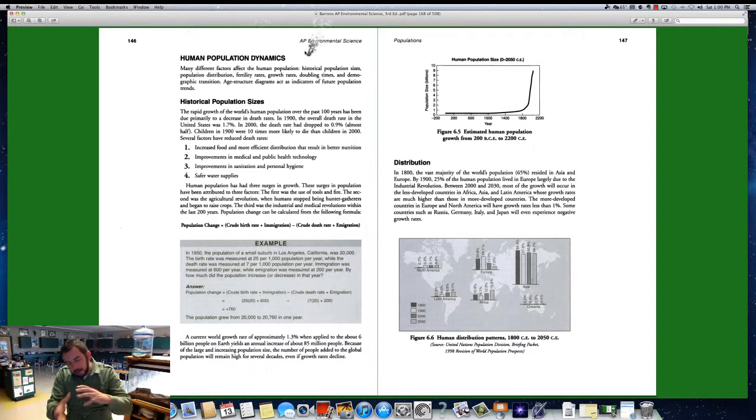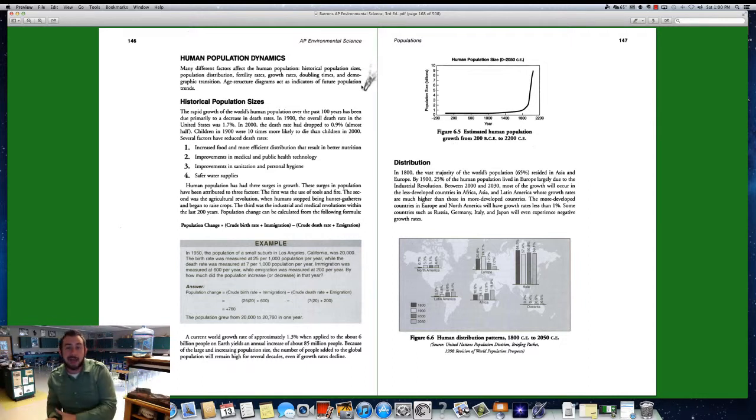We spent a little time on the general trend in populations. Let's look at human populations. There are many different factors that affect human population. We'll look at historical population size, population distribution, meaning where those populations are located around the world, and fertility rates, meaning how many babies they're having. Growth rate means how many babies are surviving compared to the ones that are dying.